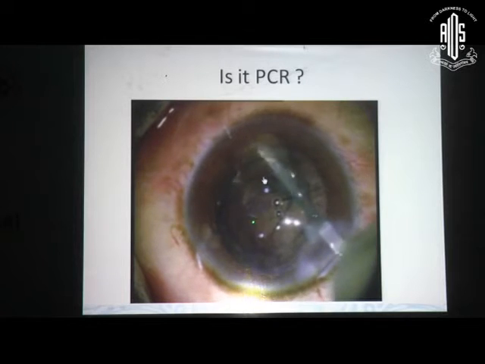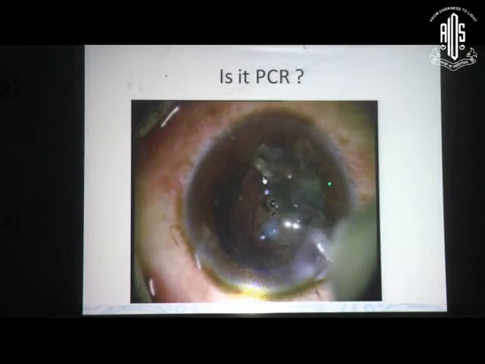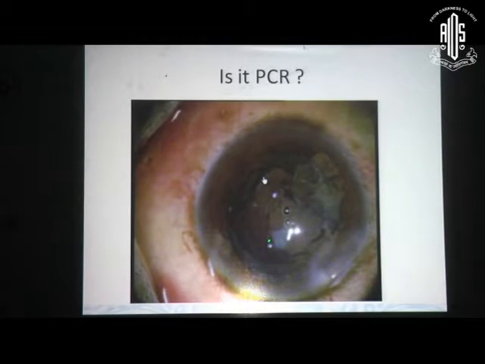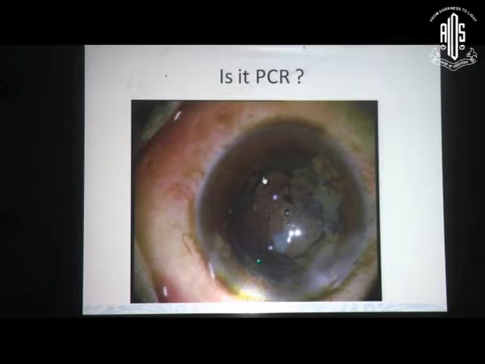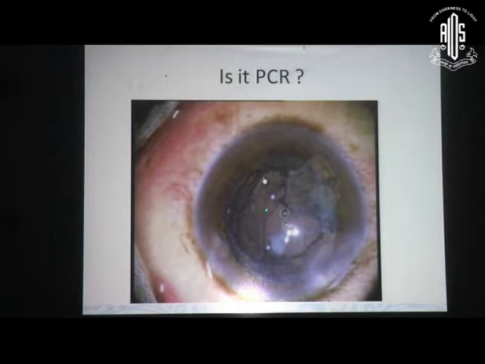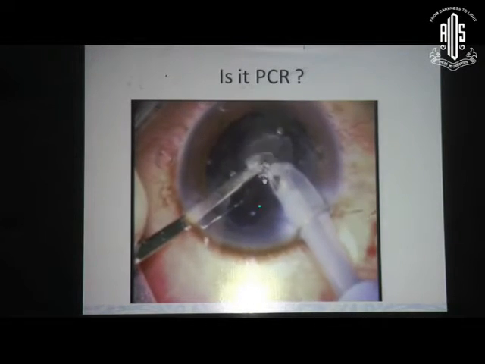We went ahead and shifted the cortex from there, went into the stereo coaxial system, and look at this port. This cannot be a PCR. You can never have the posterior capsule in this configuration, as you can see over here. This obviously was just the fold of the epinucleus.